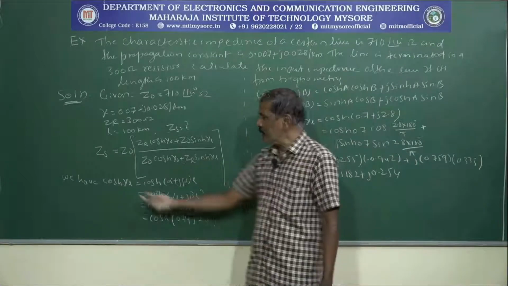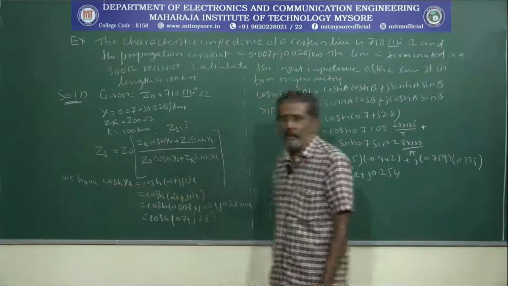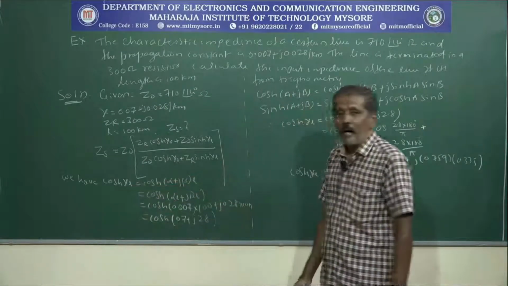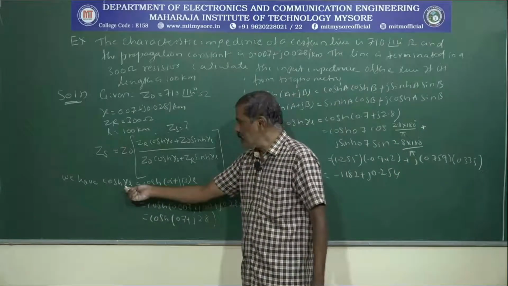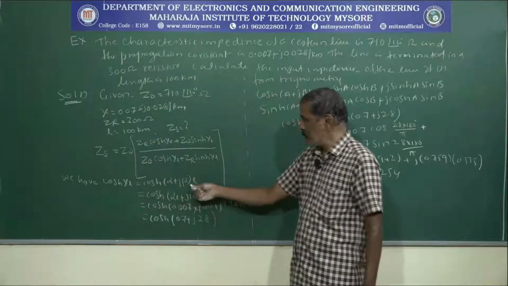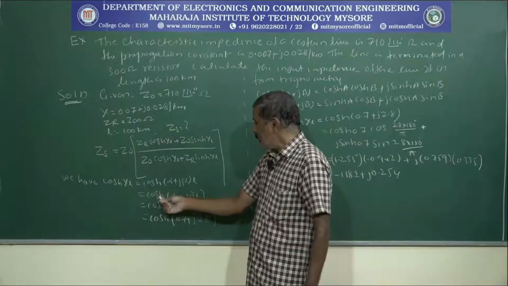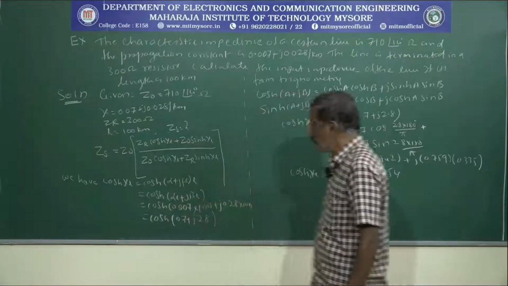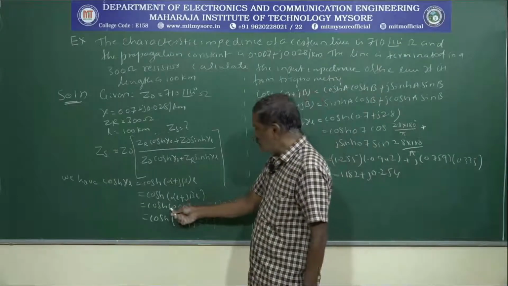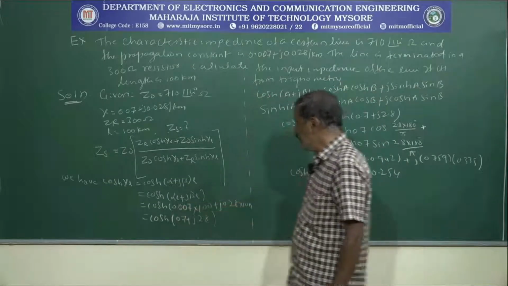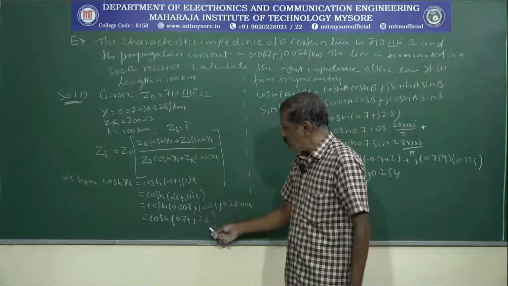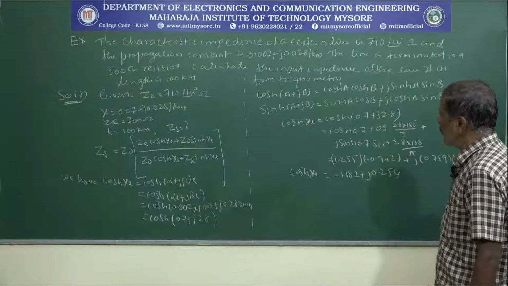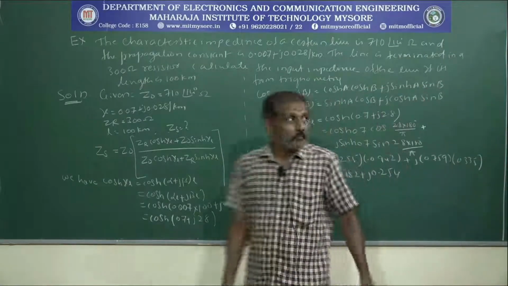To calculate these values, first let us consider cosh of gamma L. We know that gamma is equal to alpha plus j beta. In place of gamma, substitute alpha plus j beta into L. Simplifying, we get cosh of alpha L plus j beta L. Now substitute the values of alpha and beta, and we get cosh of 0.7 plus j0.28.